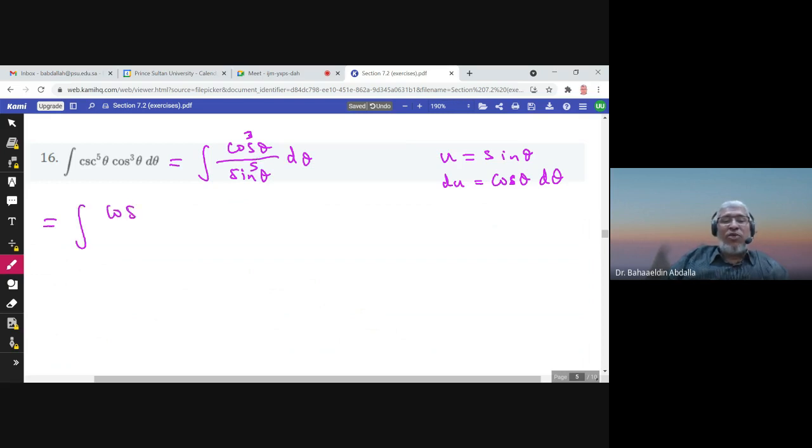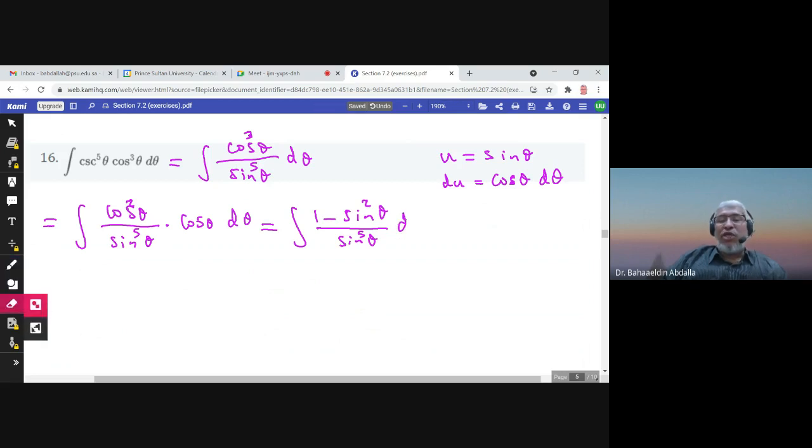Well, I need cosine cube. I need to write it as cosine square over sine to the power 5 and cosine square times cosine theta d theta. So this would be du. And sine would be u. Cosine square, I need to change it again to 1 minus sine square theta. And we are ready now to change the integral from theta to u.